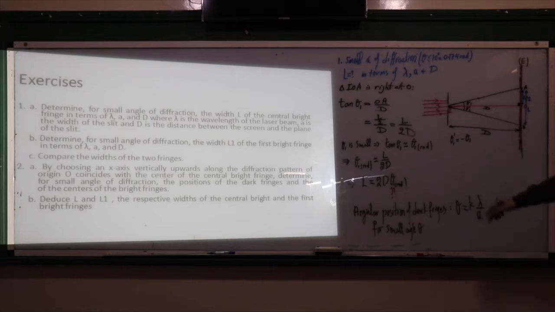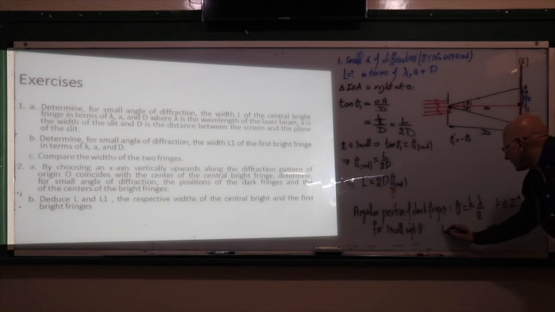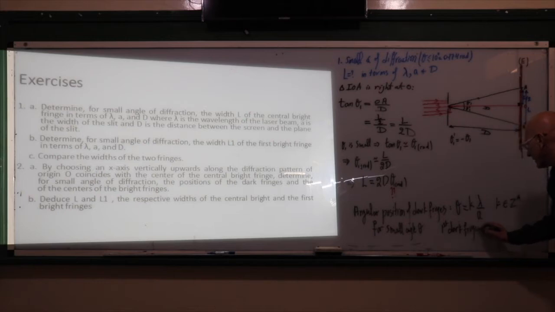But what I want from this formula is the angular position of the first dark fringe. So I write K equal 1. So for the first dark fringe, this implies K equal 1, this implies theta 1 equal lambda over A.